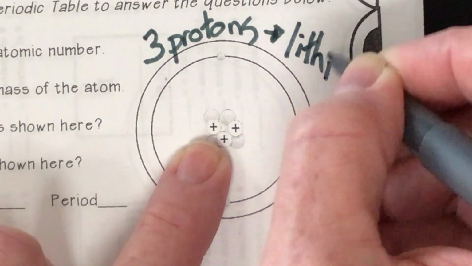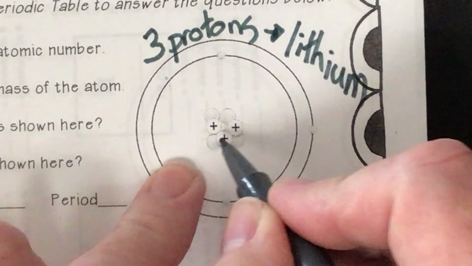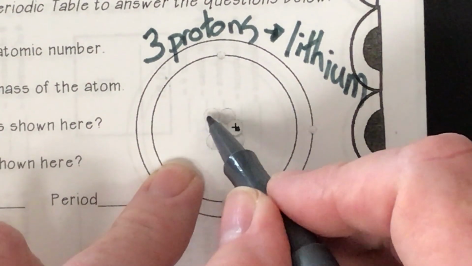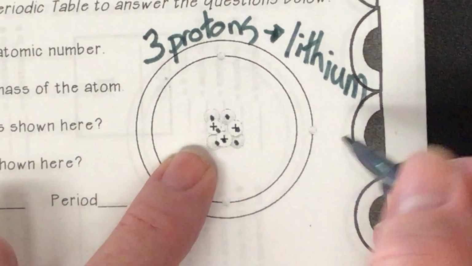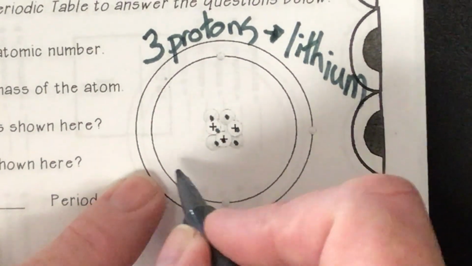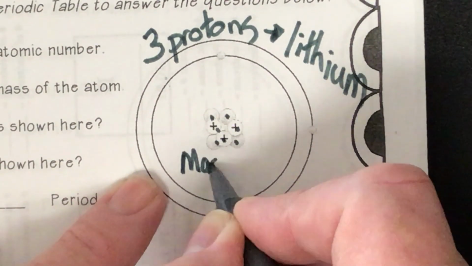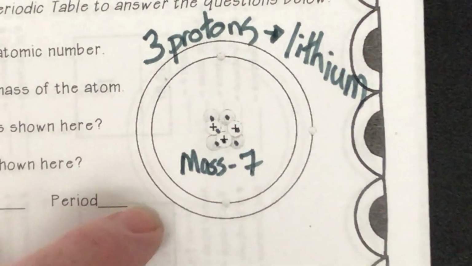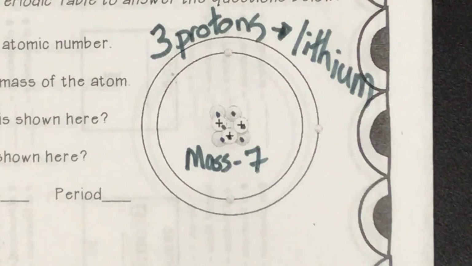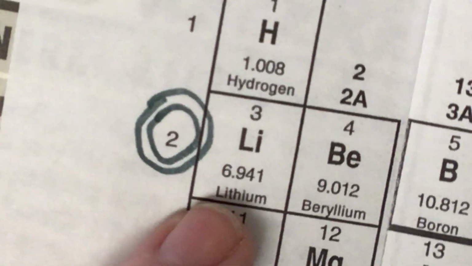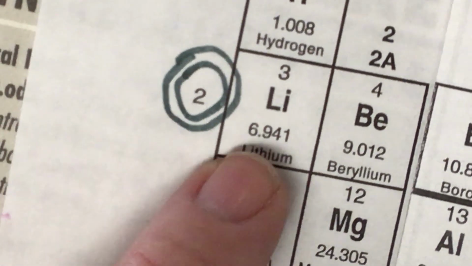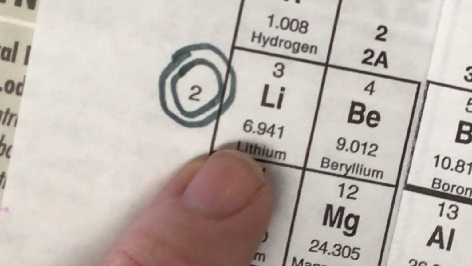If we counted, we have 3 protons and 4 neutrons. So what would the mass of lithium be? 7. So I would just double check. If I'm doing the CFA, you could count the protons and neutrons, or you can look at lithium and see 6.9, we round up to get 7.